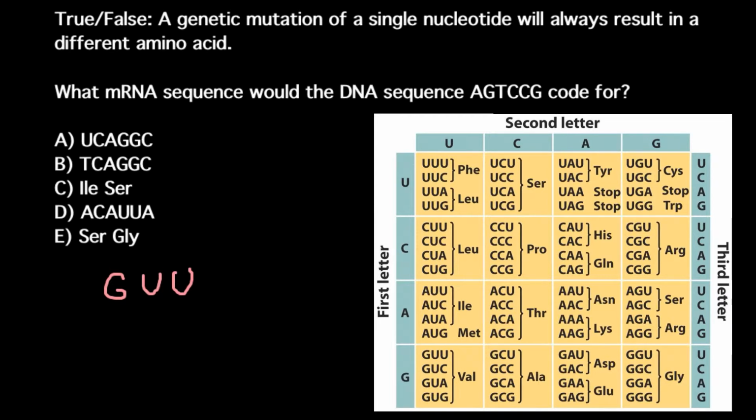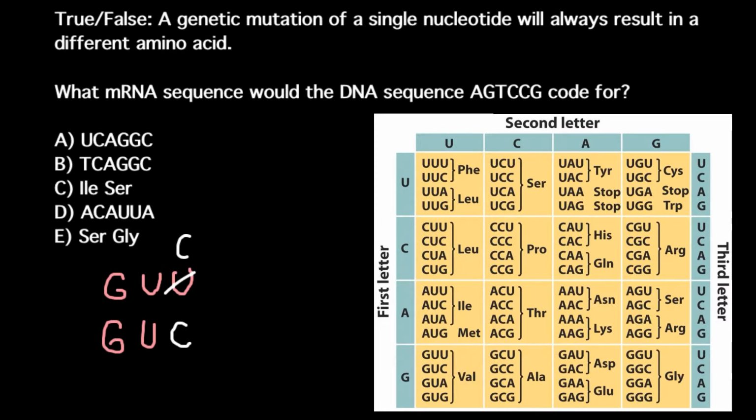What would happen if we substituted the last letter with a different one, for example with C? The new sequence would be G, U, C, but it would still code for the same amino acid, valine, as you see here.